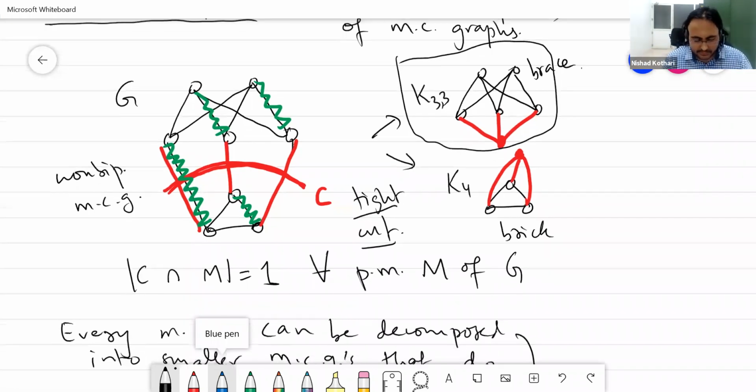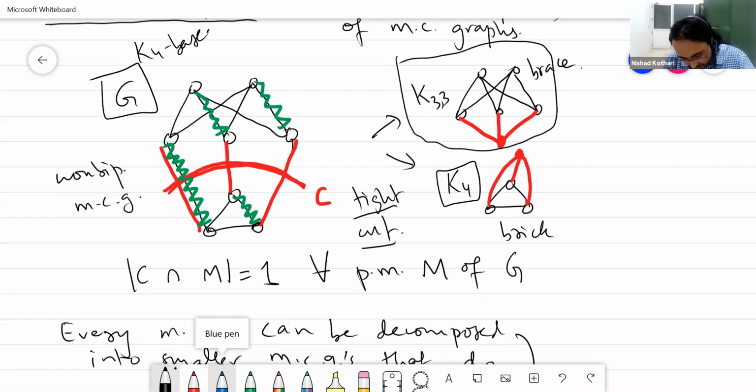The brick is K4 based because it is K4 itself, and so the whole graph is K4 based by the theorem. But you can also just find it in this example. And this brick is prism free, and so the whole graph is prism free.